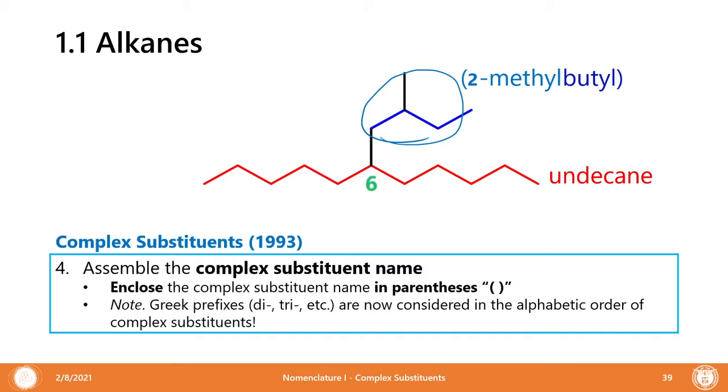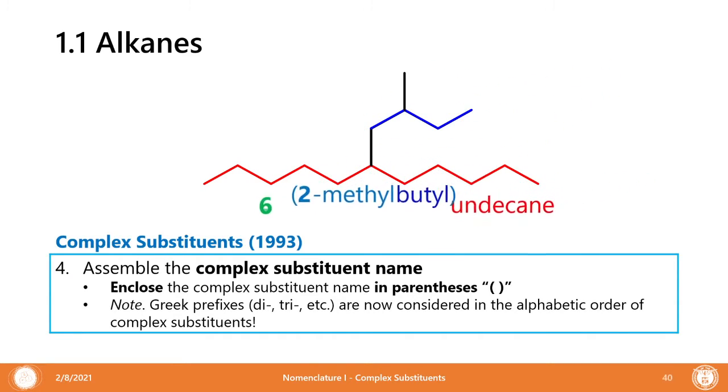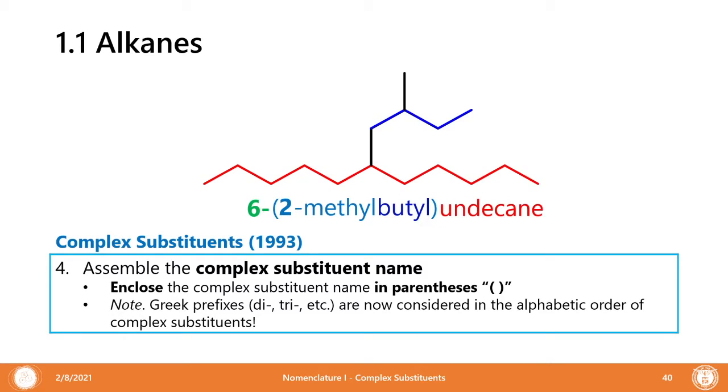Let's try assembling the name. We have number 6 as our locant number in the parent chain, and so we simply attach it like so. The final name is 6-(2-methylbutyl)undecane. There we go.